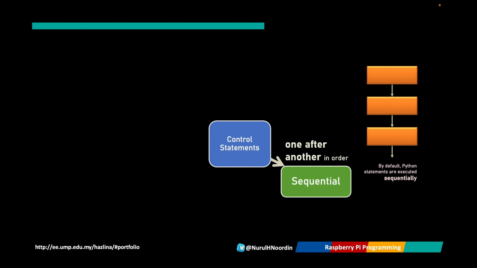For example, consider turning on an LED, waiting for a second, then turning it off. The program follows a structured sequence without any decision making or repetition. Sequential execution is the foundation of all programs, ensuring that each line of code is executed in the correct order.